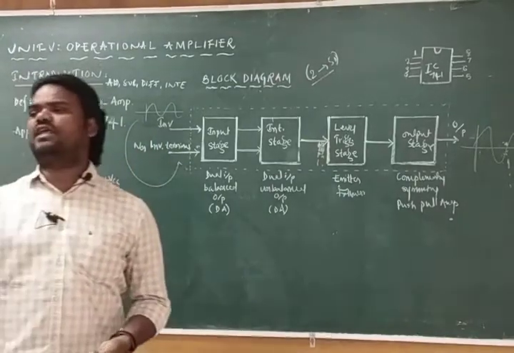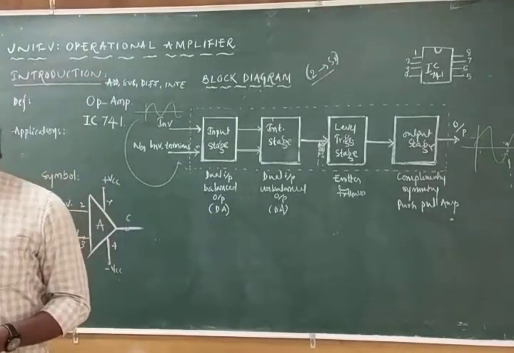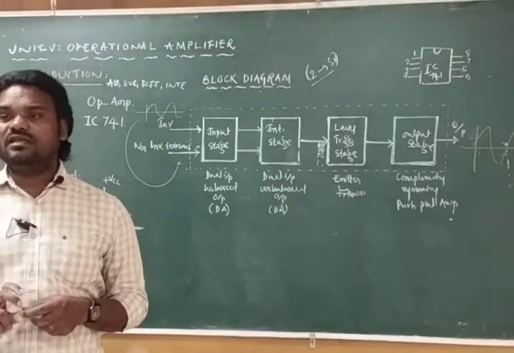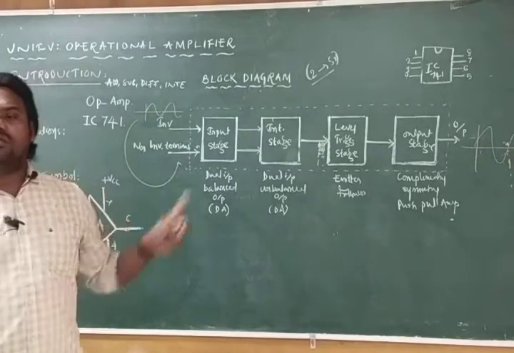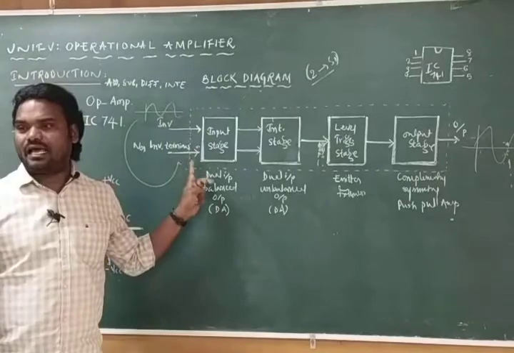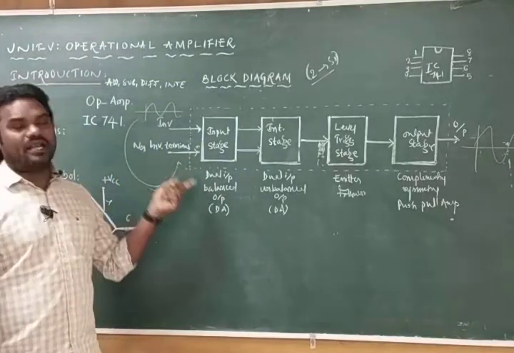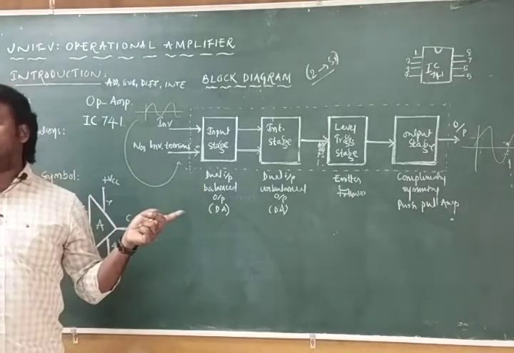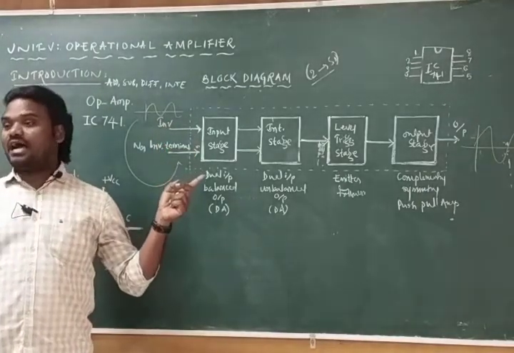The point is very clear: the operational amplifier has two inputs. What are the two inputs? One is the inverting terminal and another is the non-inverting terminal, so we can operate the operational amplifier in two modes: inverting mode and non-inverting mode.